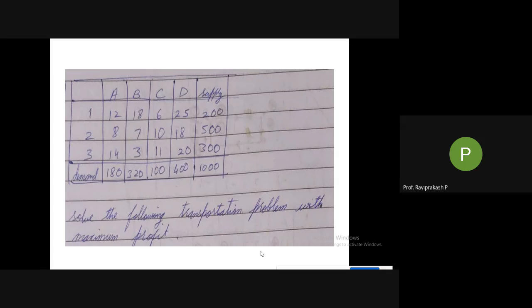So don't hurry and move ahead. First, take down this. As and when you finish it, just let me know, and I'll explain what to do. Just tell me, students, when you finish copying this particular matrix.